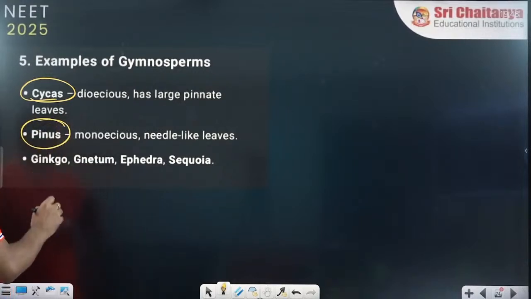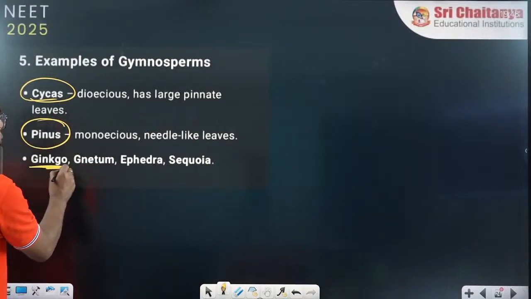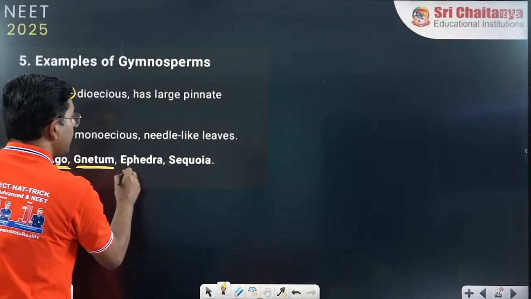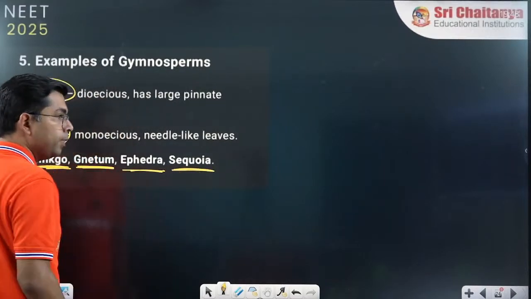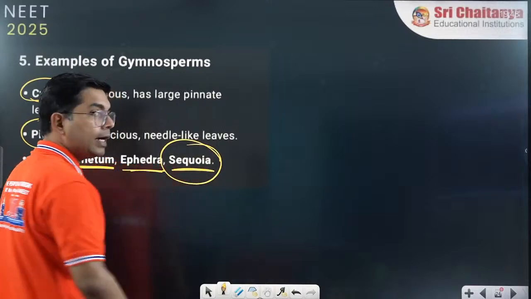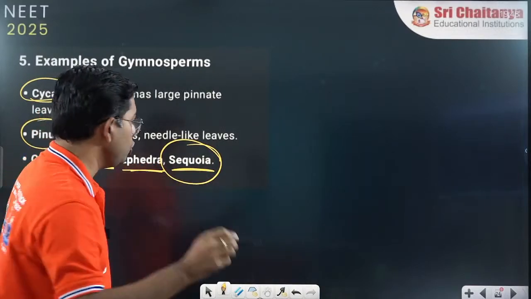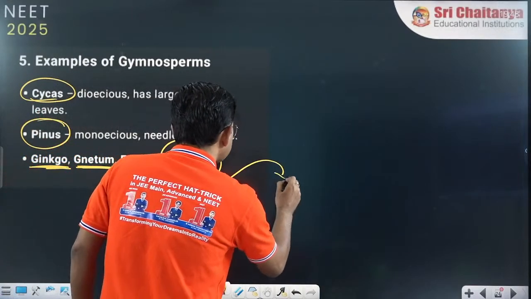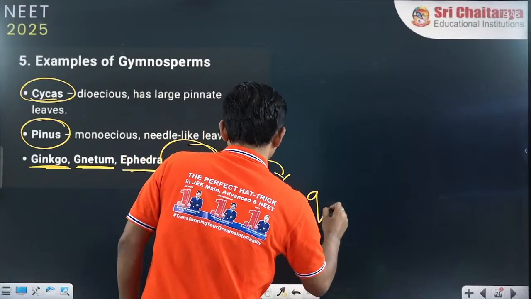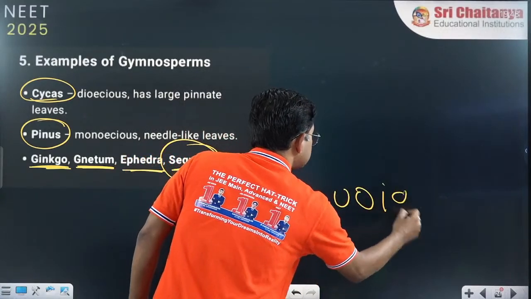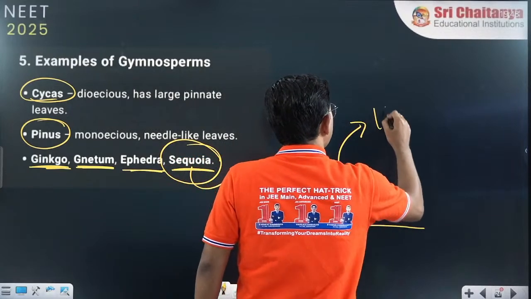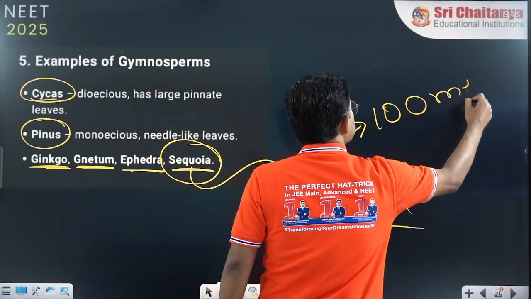These two examples I have already told. Now Ginkgo, Gnetum, Ephedra and Sequoia. In the beginning, the diagram of the tree which I showed you, that tree is the Sequoia tree. Its height can be up to 100 meters.